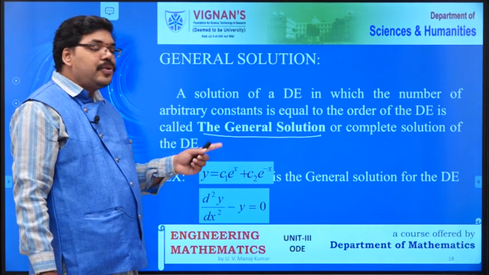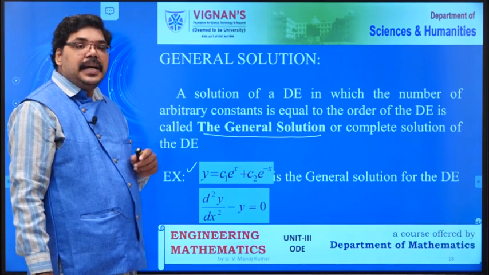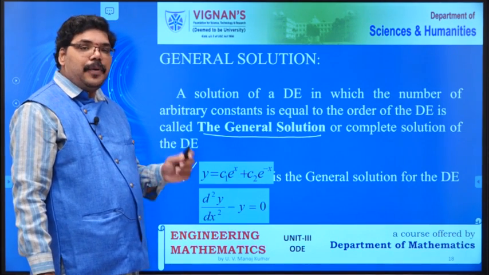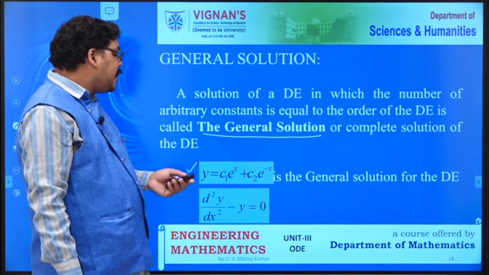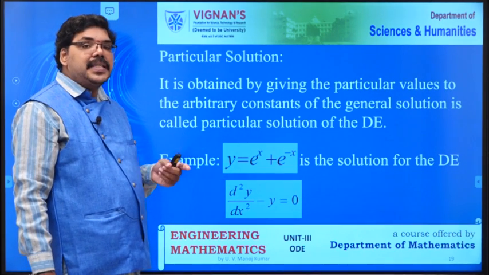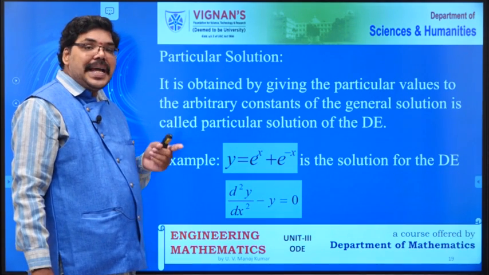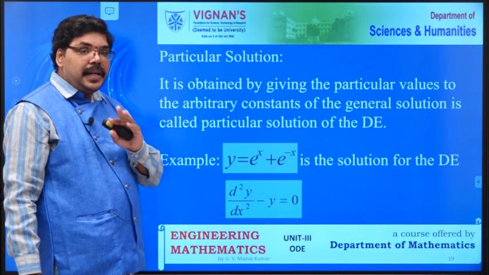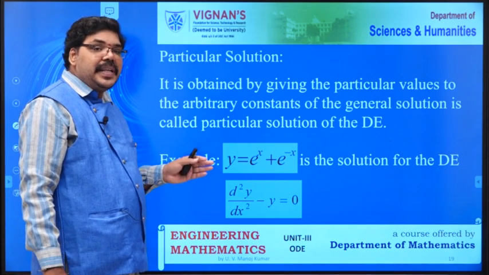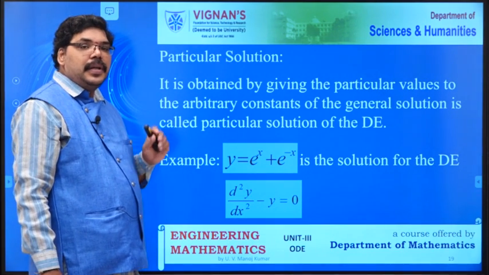If you are able to find out those C1 and C2 by applying some physical conditions, and if you get the values of C1 and C2 as 1 and 1, then the resultant solution will be like this, and which is a particular solution. Why is it a particular solution? Because it is a solution which satisfies a particular physical condition. It is not the general solution. It is a solution in a particular context. So this is particular solution.